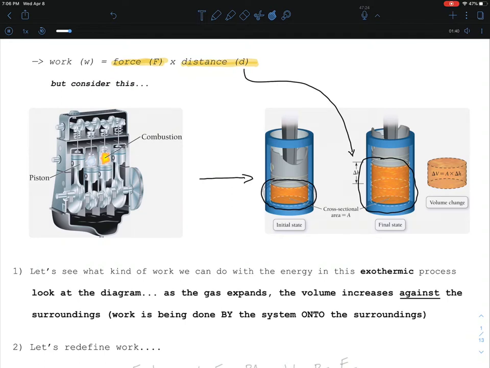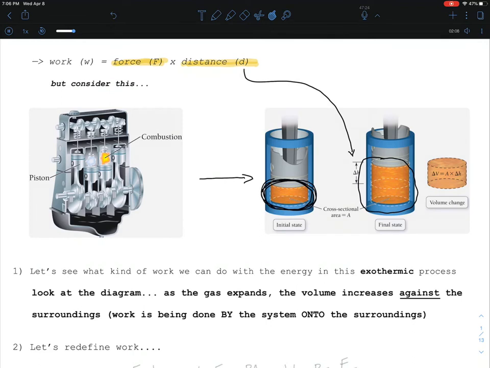And then the volume, we talked about the last class, is just the length times the width times the height, right? Or the area times the distance, or in other words, the area times the height. Well, if you're comparing your initial conditions to your final conditions, you have a combustion reaction that causes work to be done against the surroundings by the system. So the system is in here, inside the cylinder.